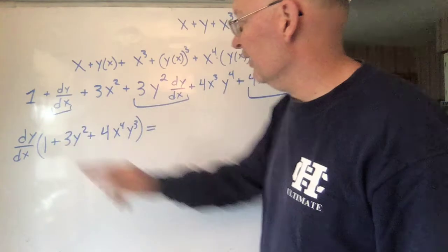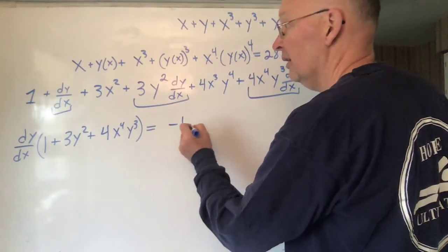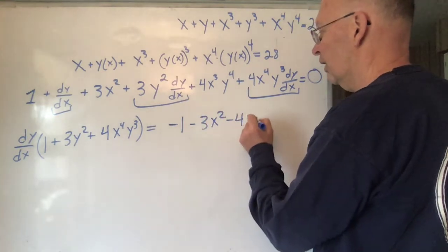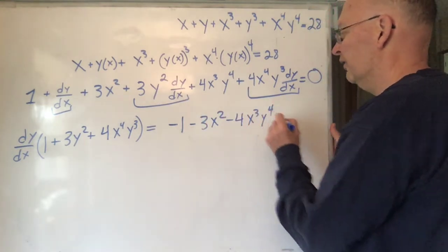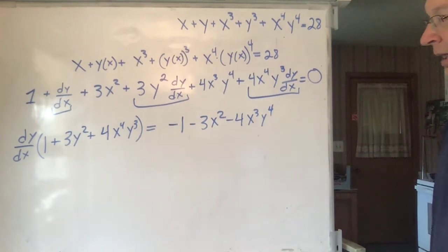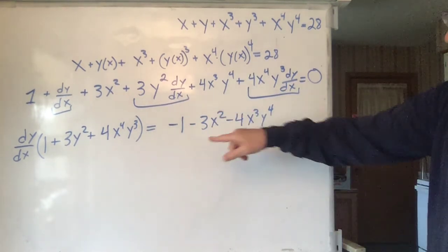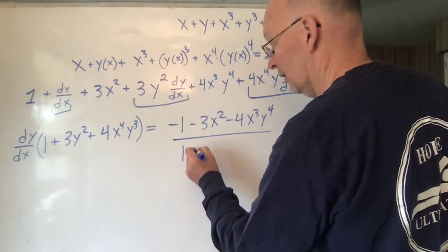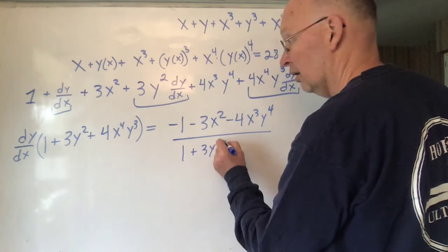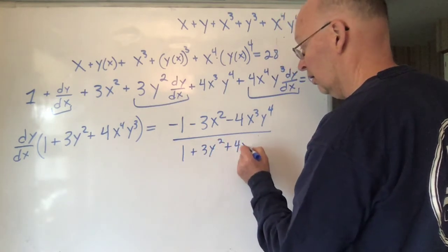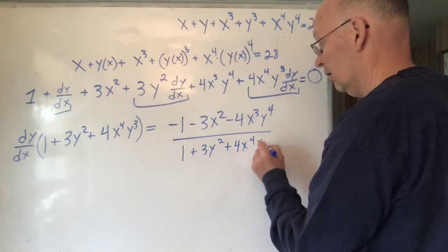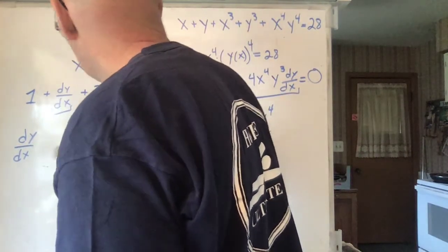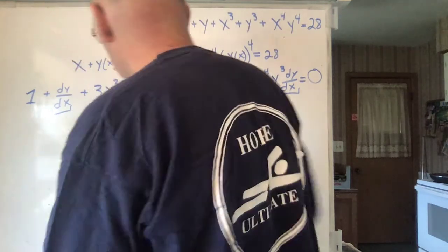Now I move all these other things to the other side. So it's going to be minus 1 minus 3x squared and minus 4x cubed y to the 4th. And then same as I did before, the last step, you just divide through by this whole thing. And then you've got your derivative. So there's your dy/dx.